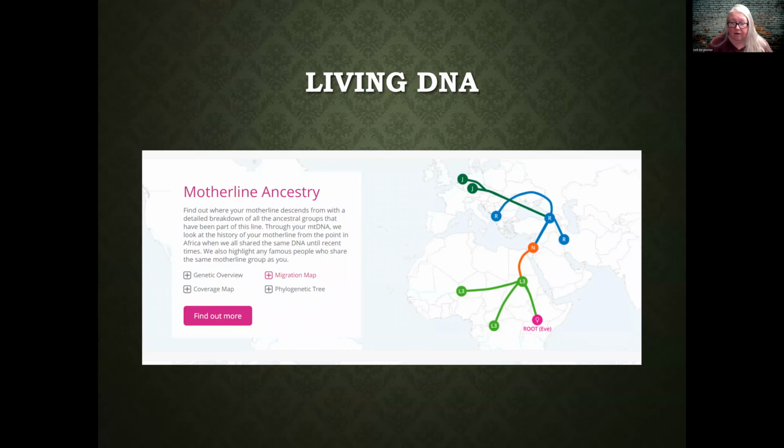You can get that higher level haplogroup, and it's a pretty high level haplogroup, almost as good as Family Tree DNA. And then you can click on genetic overview or coverage map or migration map or phylogenetic tree. And so this is the migration map that shows kind of where mitochondrial DNA started with mitochondrial Eve in Africa, and how the different branches branched out into the world.